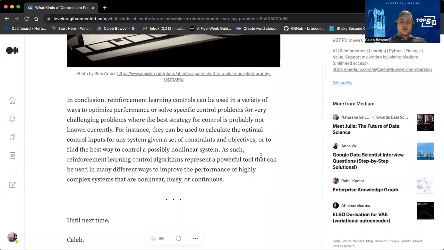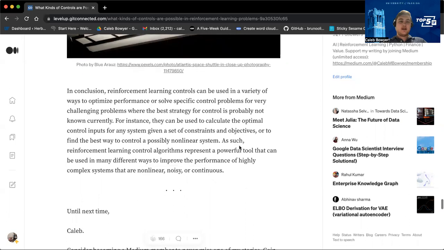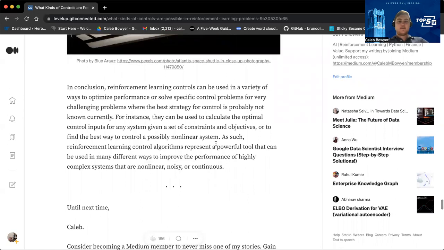In conclusion, RL controls can be used in a variety of ways to optimize performance or solve specific control problems for very challenging problems, where the best strategy for control is probably not known currently.